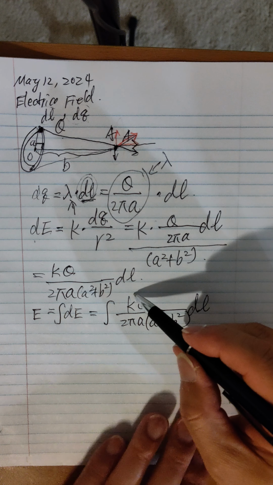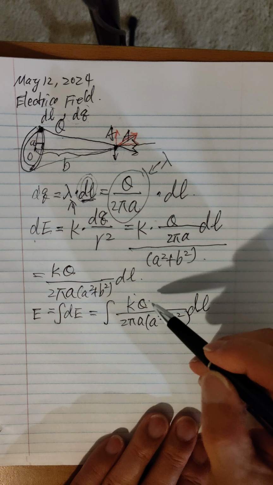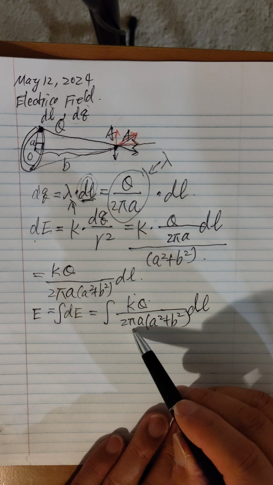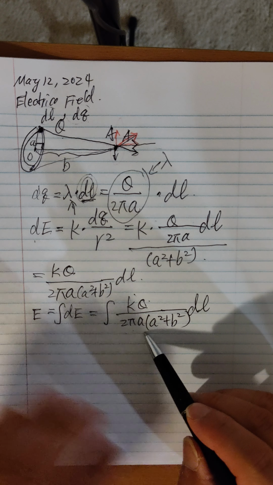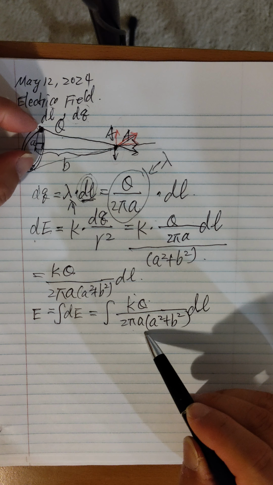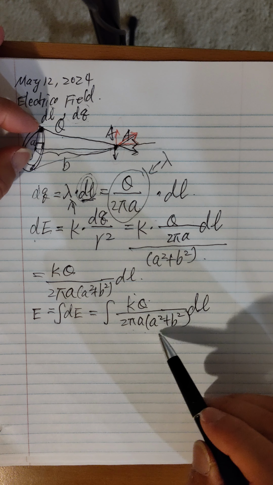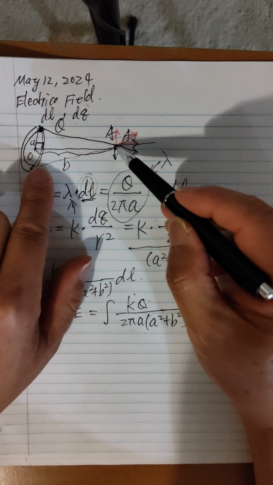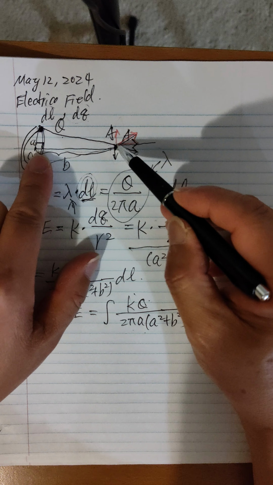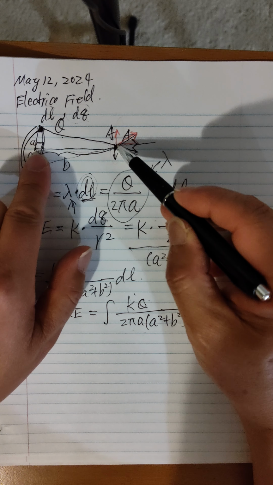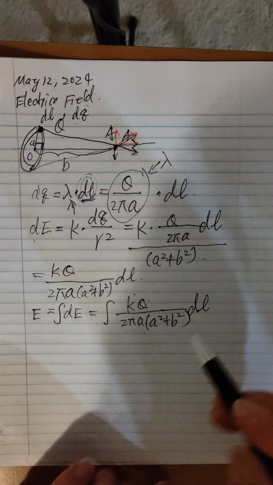Since k is a constant, q is the charge given, 2 pi is another constant, a is the fixed radius of the ring, and b is the distance from the point of interest to the center of the ring, everything right here is constant.